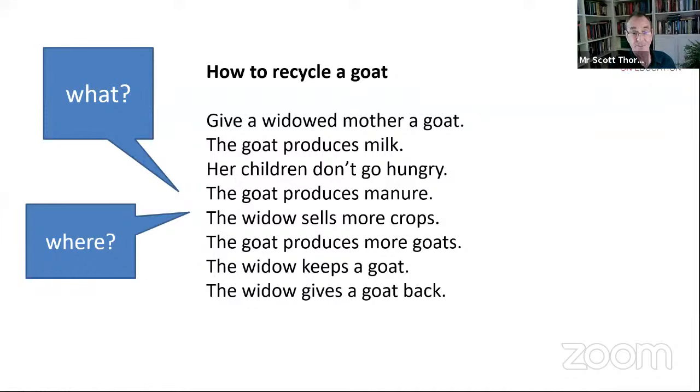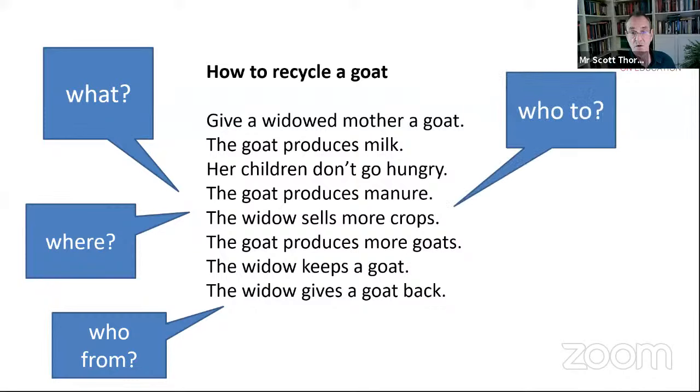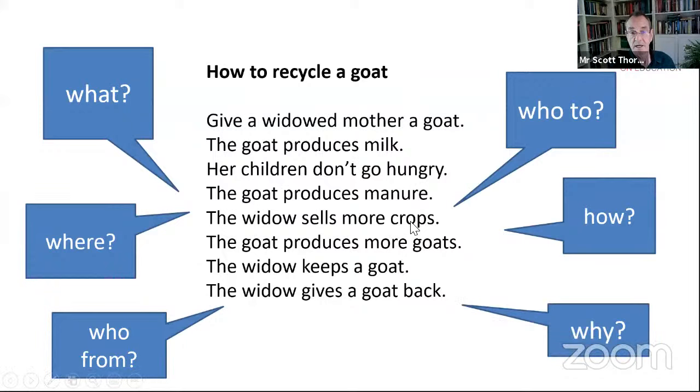It's not from a textbook. So asking the same questions again: who from, who to, and finally, how, and finally, why. Yeah? So the same questions, but of course, it's not easy at the moment to answer the questions because you're missing some of the background information.